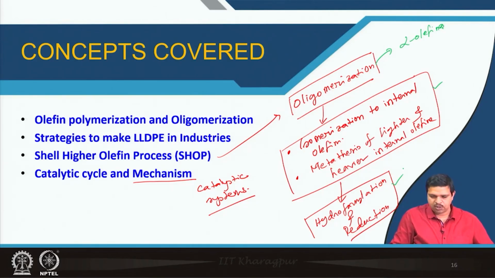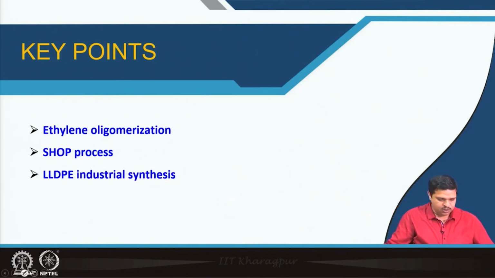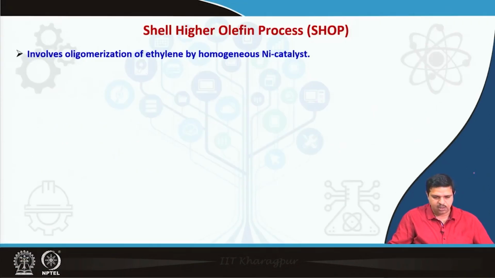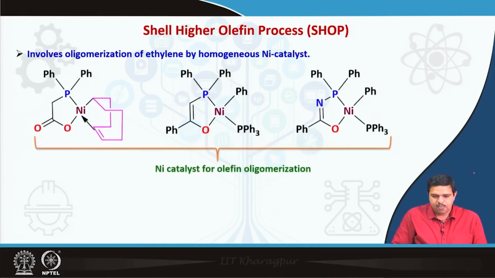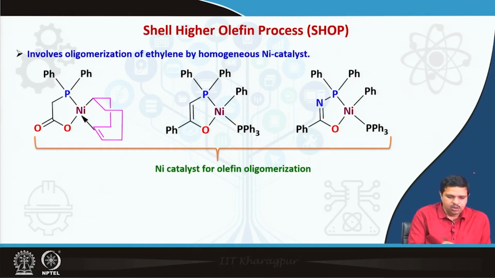We'll continue our discussion and see the basic steps in the oligomerization of alkenes, let's say ethylene. These are the catalysts developed, all nickel based catalysts, which are the most effective here.